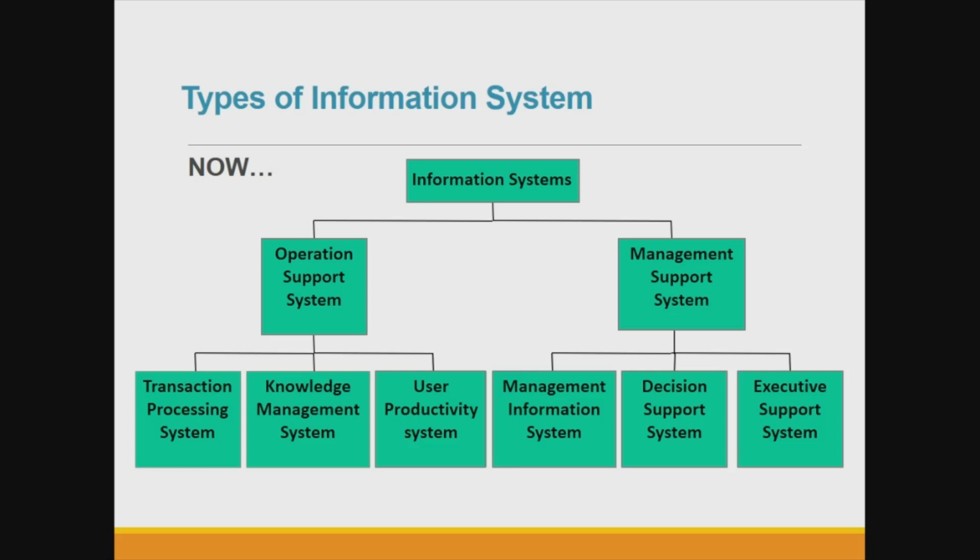When we try to digest this chart, we can say that this part is more on the business operation, supporting the business operation in one organization or company, and this part supports the management in order to do controlling, monitoring, making decisions, and then support the executive part. So we have different functions of how information can support the different operations.